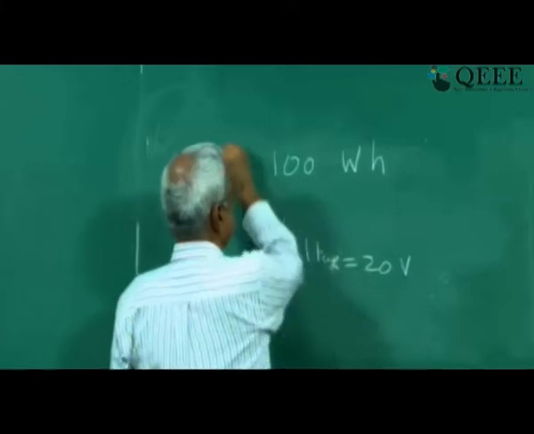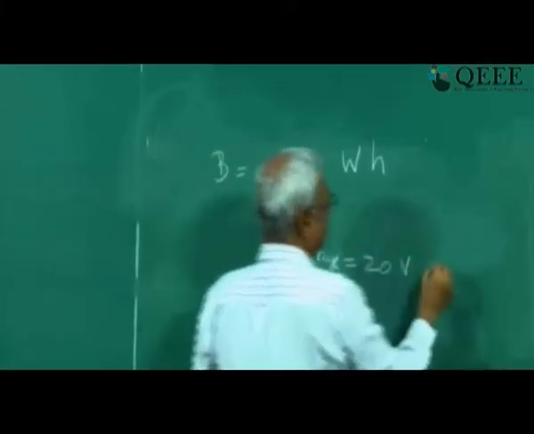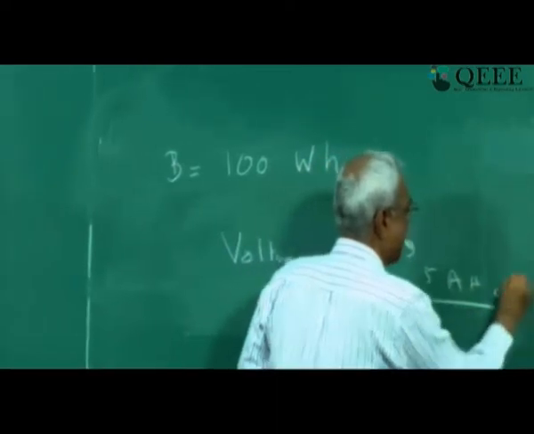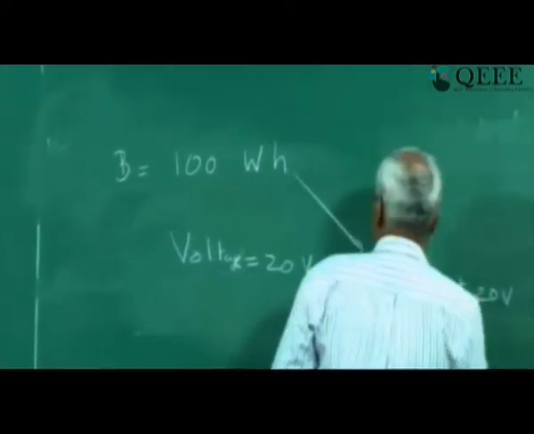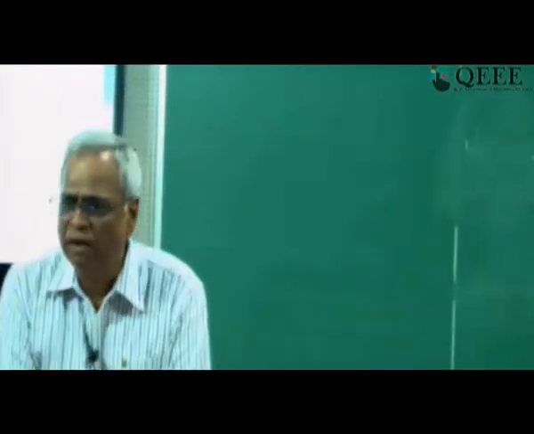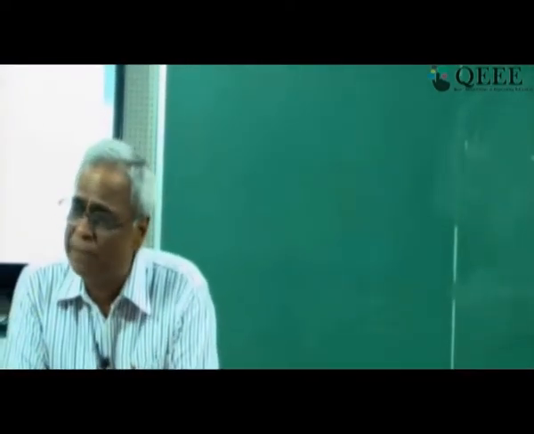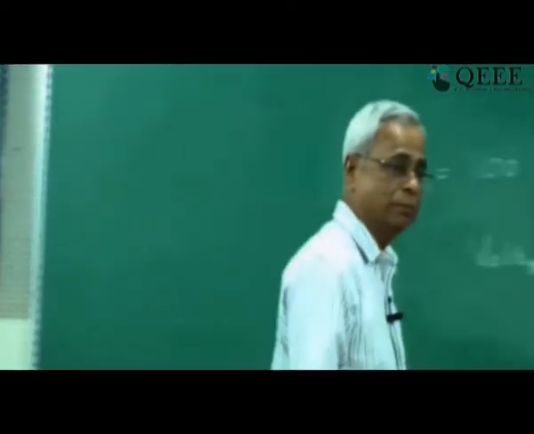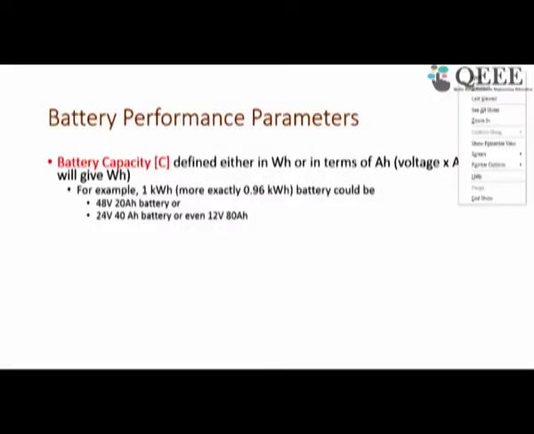So a battery of 100 watt hour is equal to 5 ampere hour at 20 volts. 5 ampere hour means I can draw 5 amperes for 1 hour, or 0.5 amperes for 10 hours, or 0.1 ampere for 50 hours. So sometimes it is given in terms of ampere hours with the voltage given, but the better handling is watt hour.